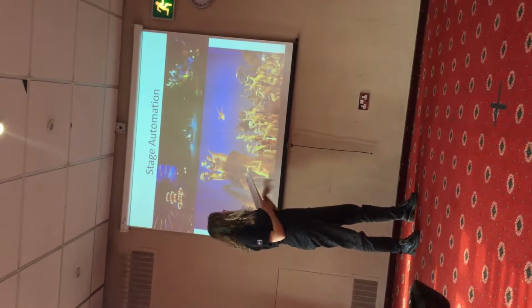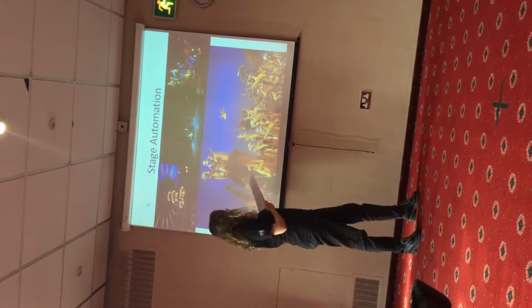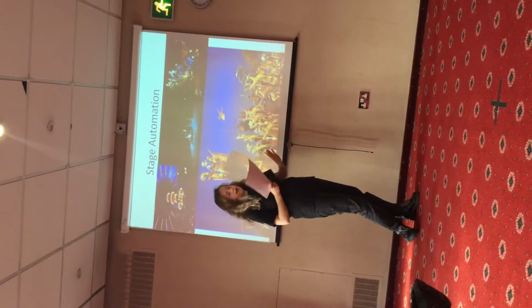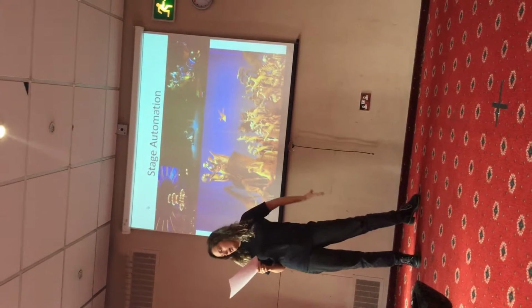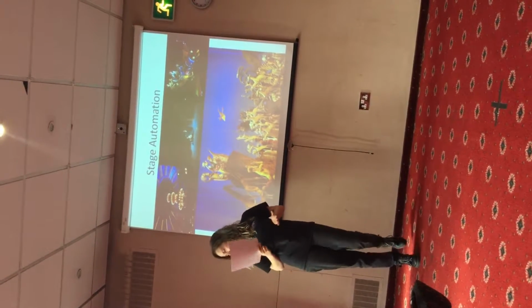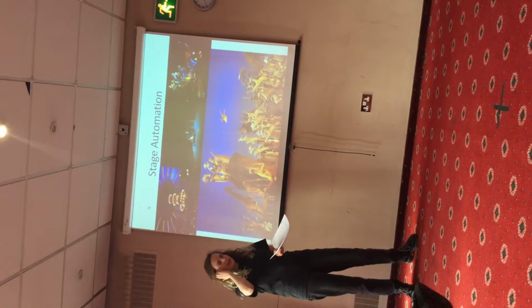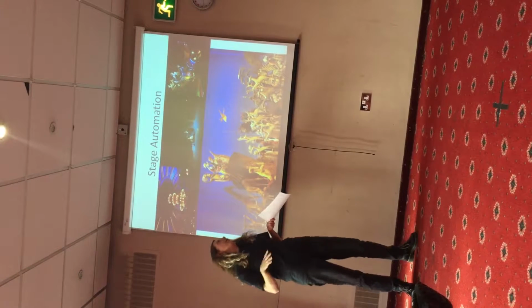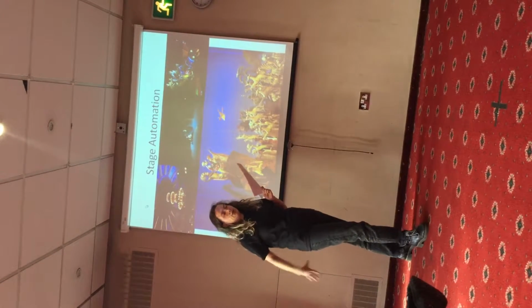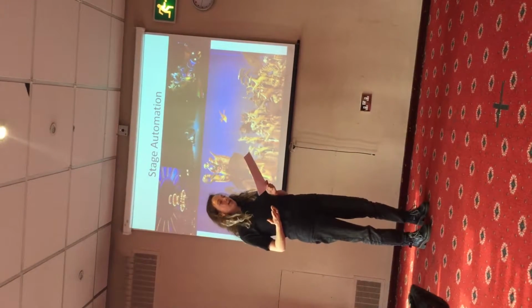And The Lion King, where Pride Rock rises out of the ground. A lot of the thing with automation is it's usually just 1 or 2 things in a show that, applied at the right moment, can really create a massive climax.